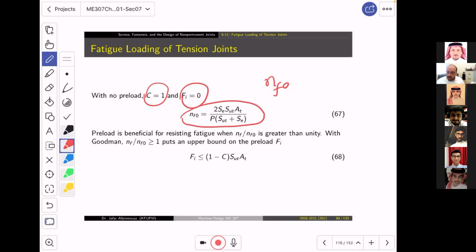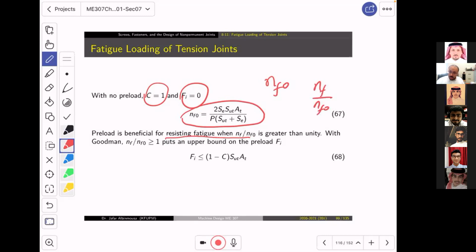Now, why do we need to worry about this? I'm going to talk about it in a minute. The preload is beneficial for resisting fatigue. So, in order to resist fatigue, we need to put a preload, and NF divided by NF0 should be greater than unity, greater than 1.